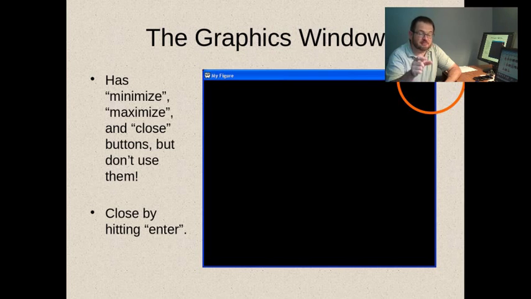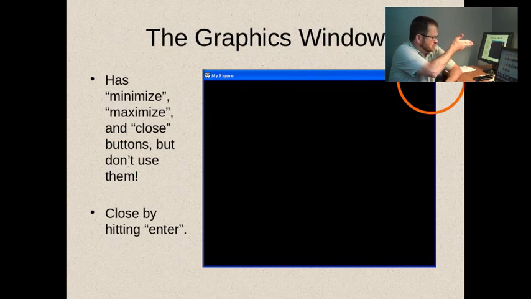It does have minimize and maximize buttons that, depending on whether you're on a Mac or on Windows or what version of Windows you're on, it has the minimize, maximize, close buttons, but don't use them. The way you properly close a graphics window in Unix is to click on the window someplace that you want to close and hit enter.